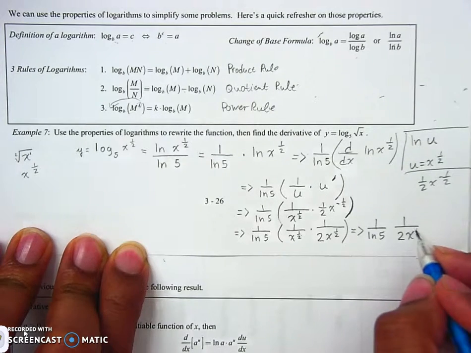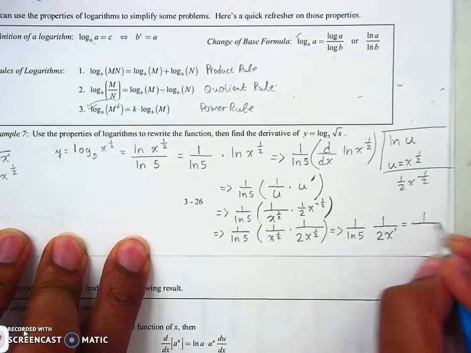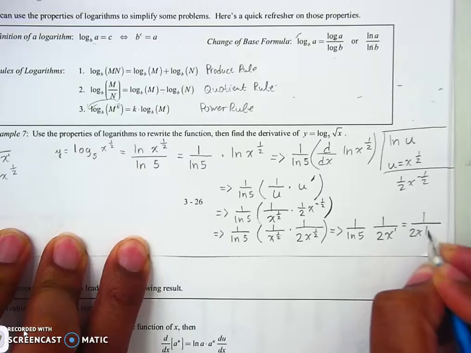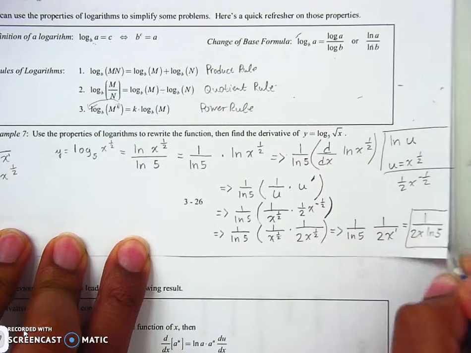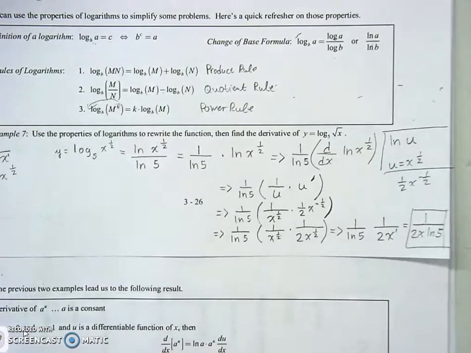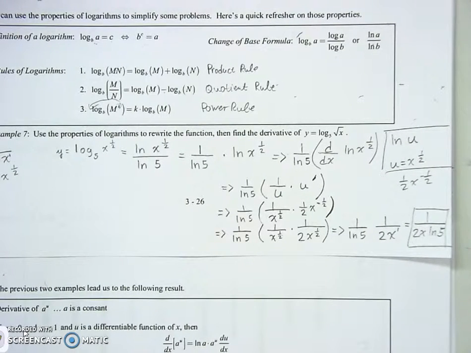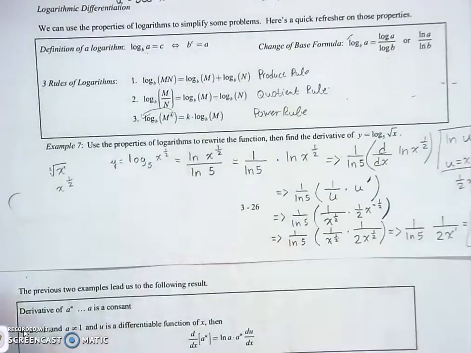That gives us 1 over 2x. Simplified down, the final answer is 1 over 2x natural log 5. So that is your final simplified answer. Okay, cool, so that gave us that part using rules that we have. We're going to have one more video to finish up everything.